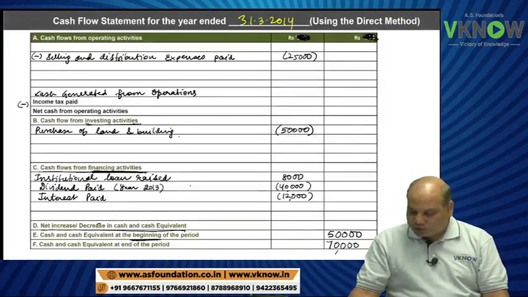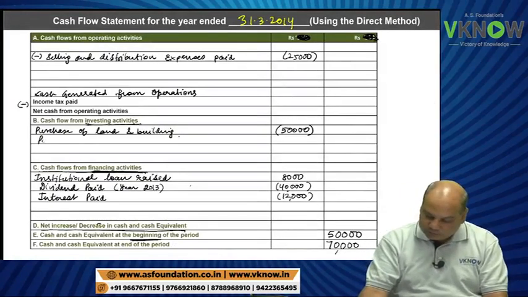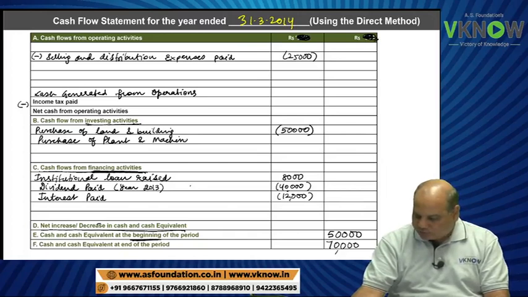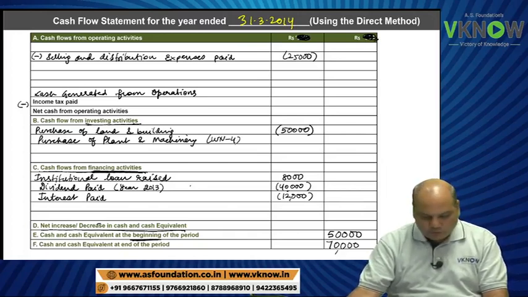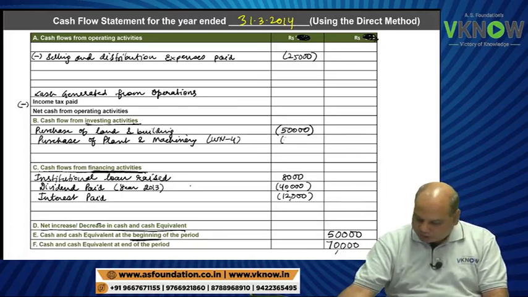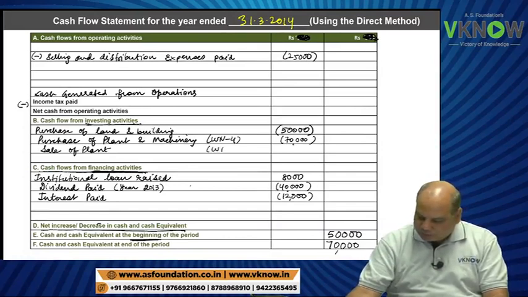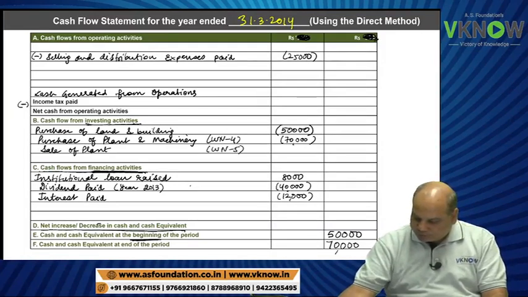So all of you please come to investing activity. Write purchase of plant and machinery, working note 4, in bracket 70,000, and sale of plant, working note 5.